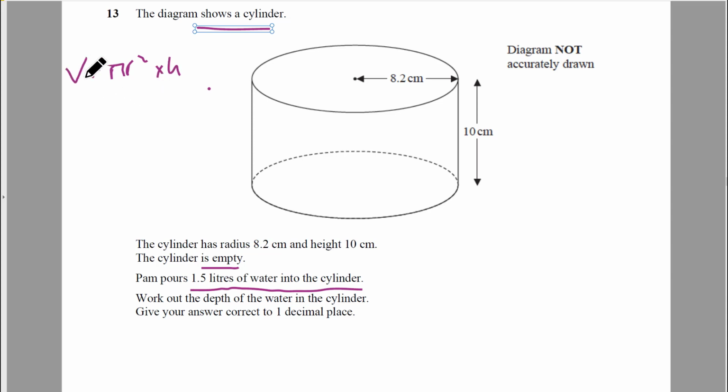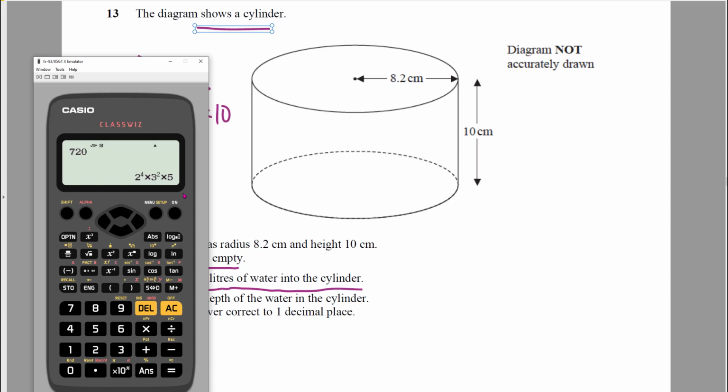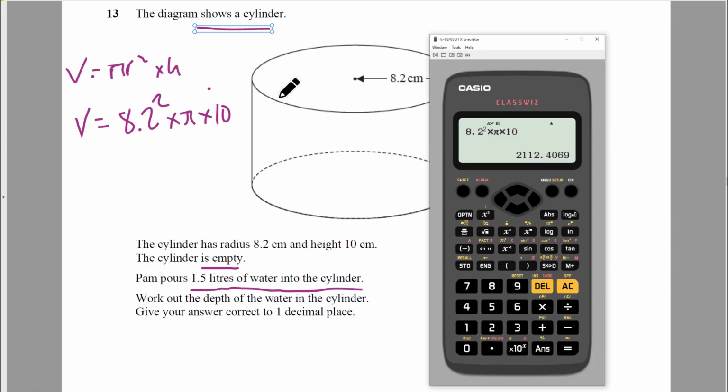That's the volume. So let's work that out for 1 mark. Volume equals 8.2 squared times pi times 10. Only want it to 1 decimal place.